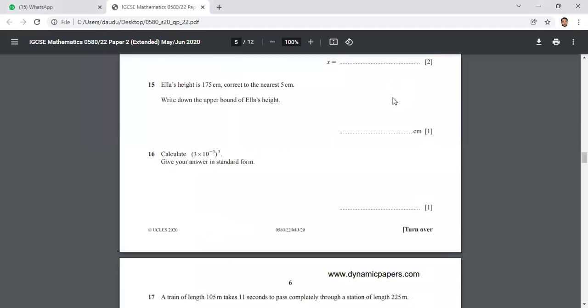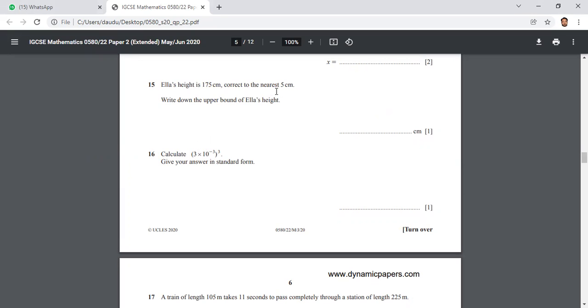Next question. Ila's height is 175 centimeters, correct to the nearest 5 centimeters. Write down the upper bound. Basically we must know the degree of accuracy, which they mentioned is 5 centimeters.